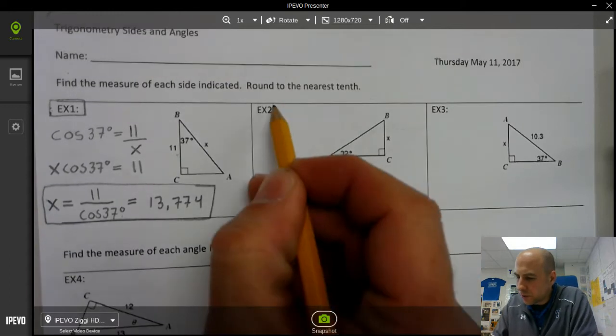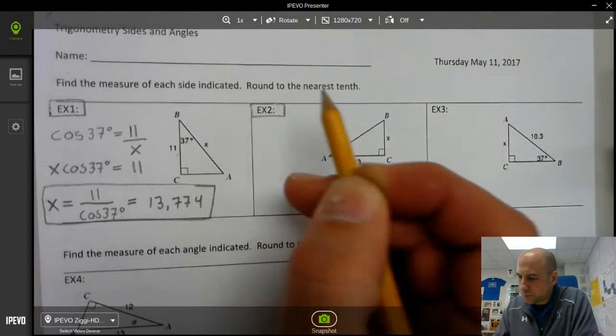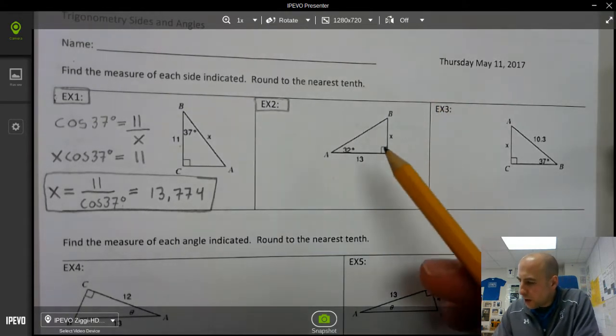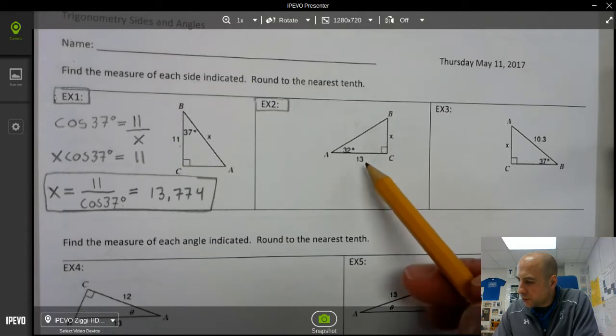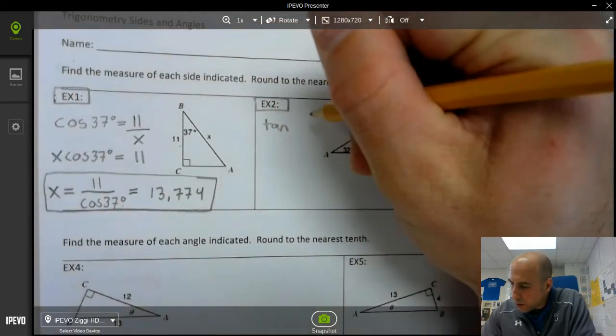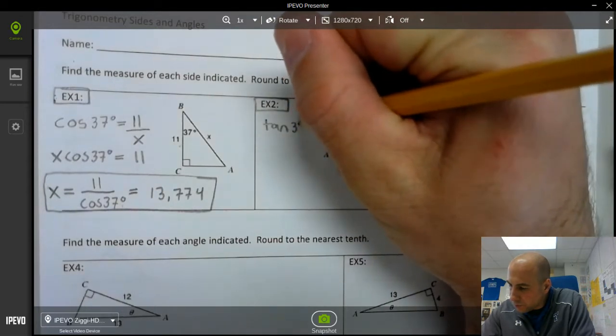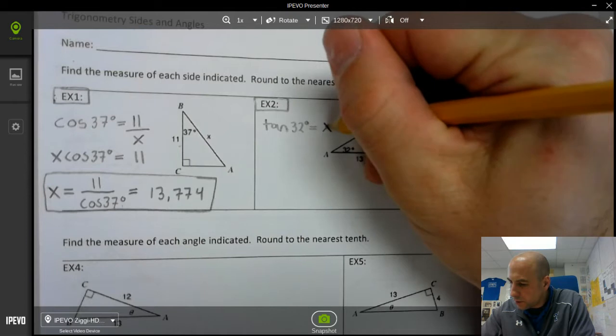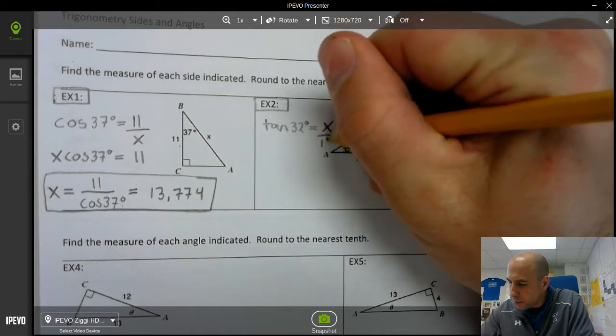Now let's look at example 2. Step 1 says choose which trig ratio to use. It looks like we have opposite over adjacent, so we're going to use tangent. So that's tangent of 32 degrees equals opposite, which is x, divided by 13.